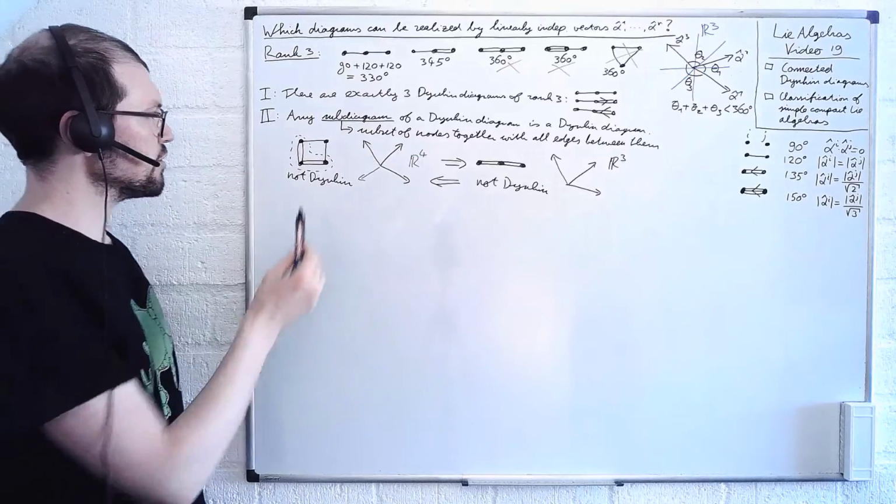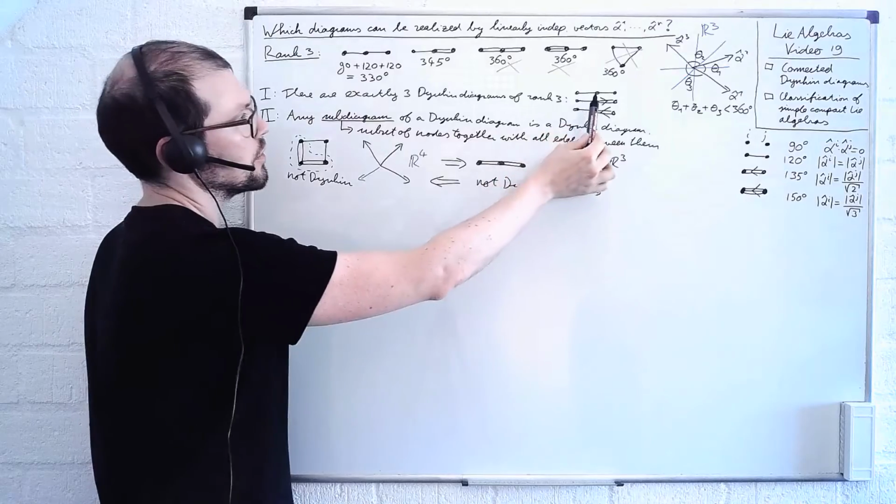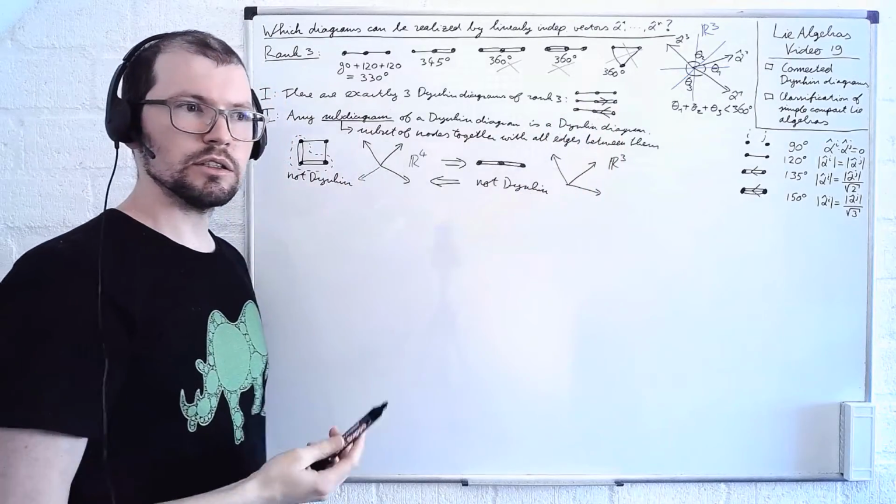So whenever you can find in a larger graph some subgraph of say 3 vertices that is not this one, then it's not a valid diagram.